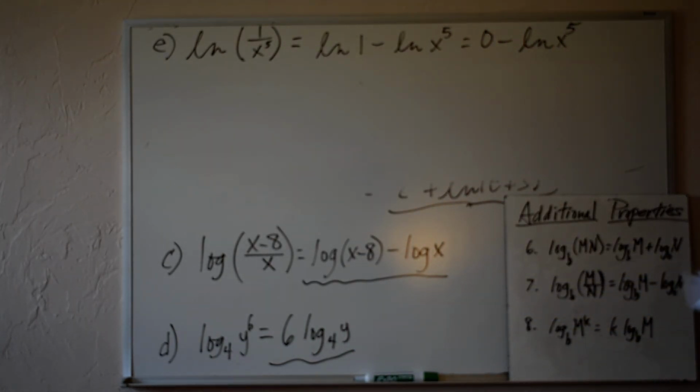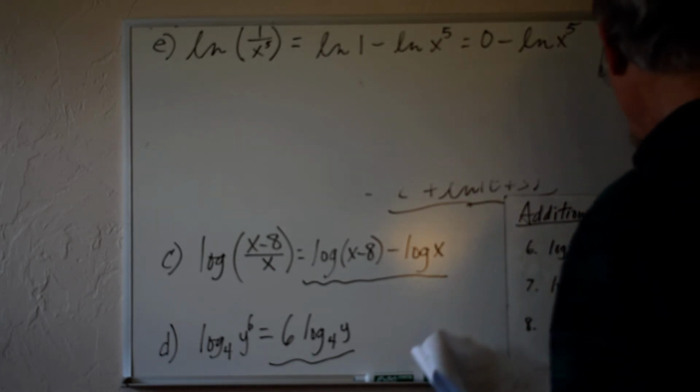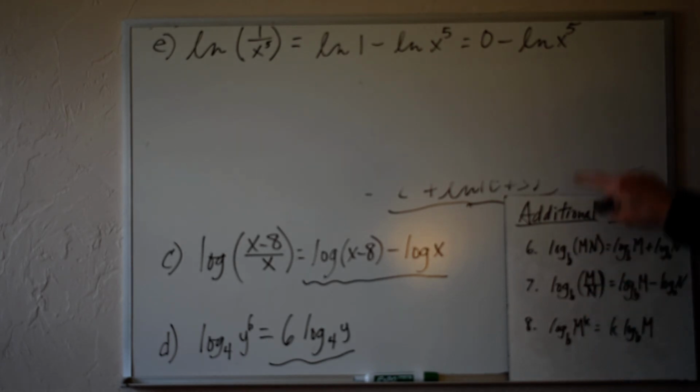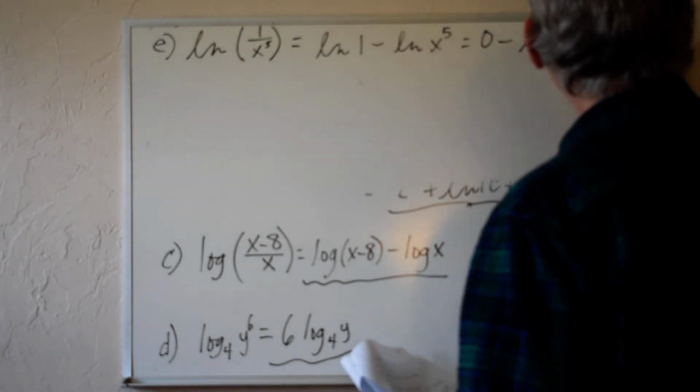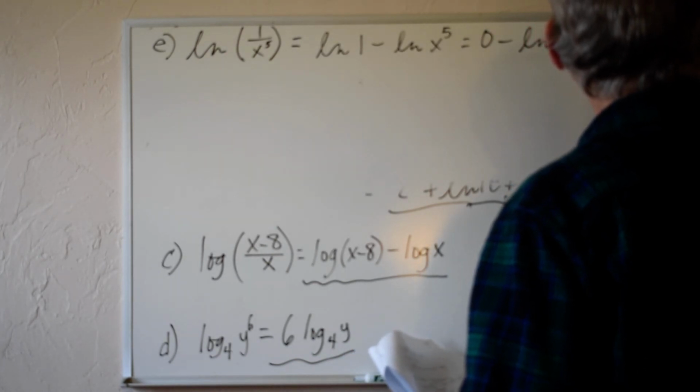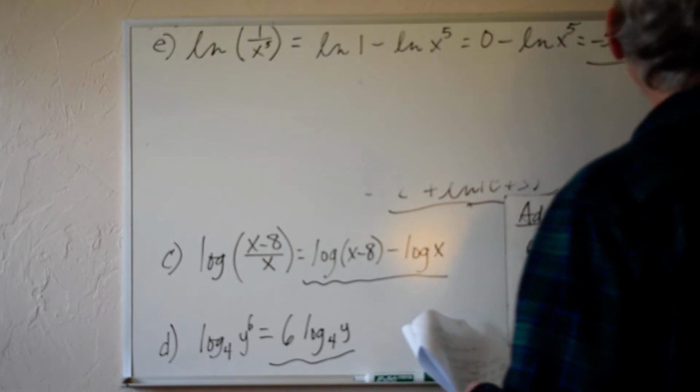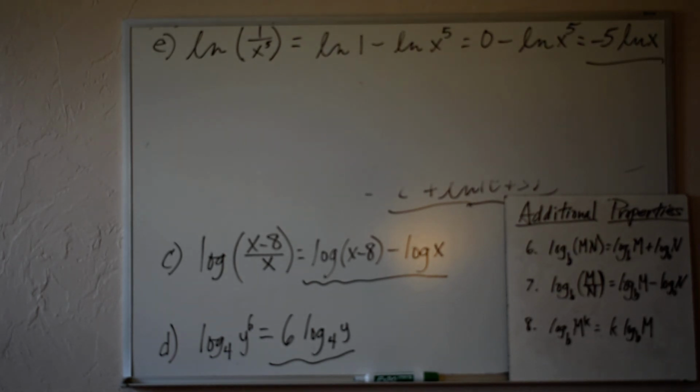And in fact, I can use property 8 to get rid of that exponent there. That's always available to me. So I would end up there.